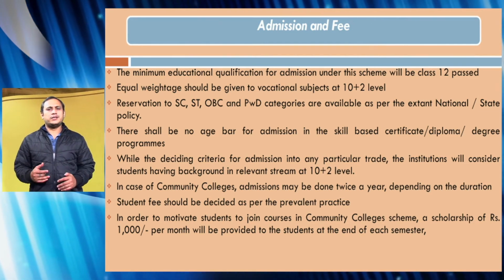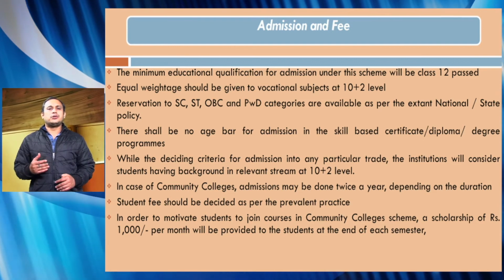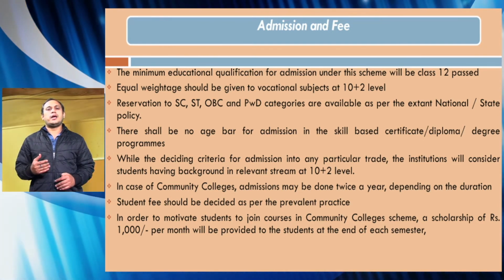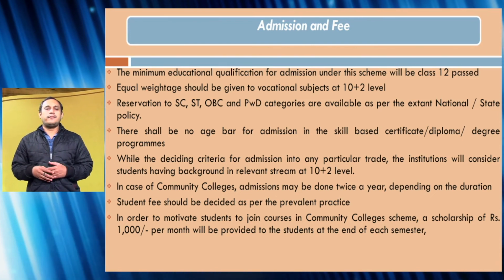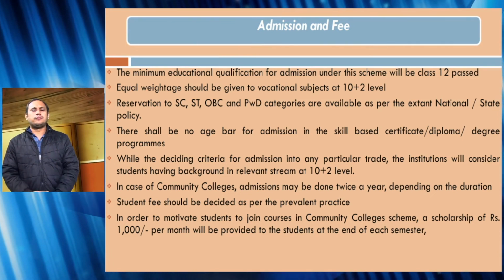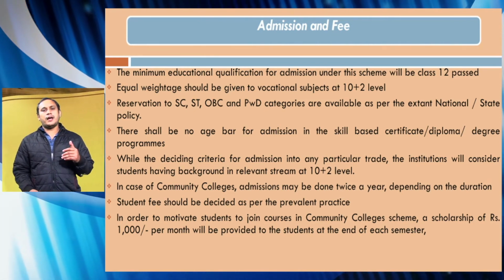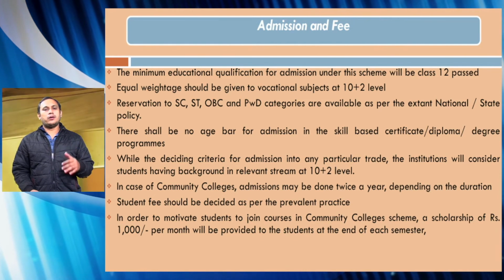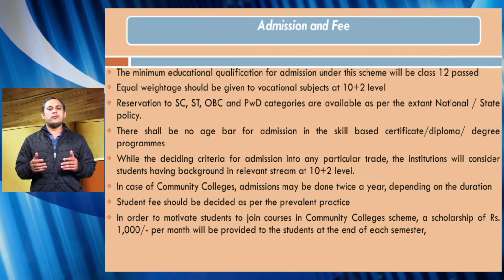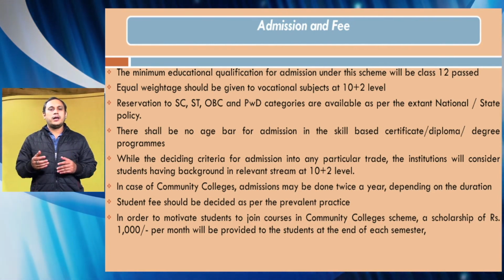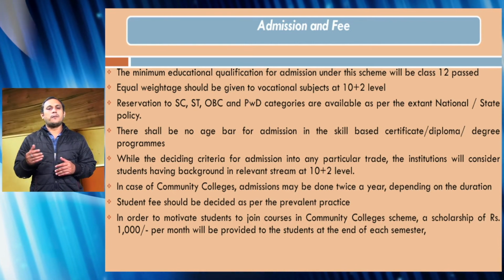As the deciding criterion for admission into a particular trade, the institution will consider students having a background in the relevant stream at the 10+2 level. Another point is that in the case of community colleges, admission may be done twice a year depending on the duration of the program, to facilitate a steady stream of learners joining the college and moving out as trained workforce to the job market.